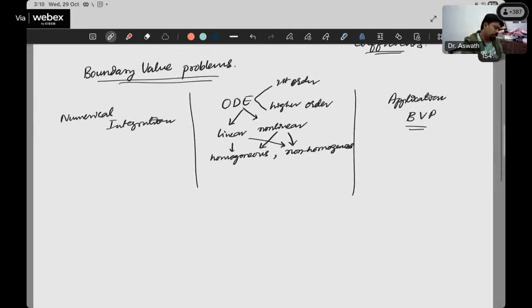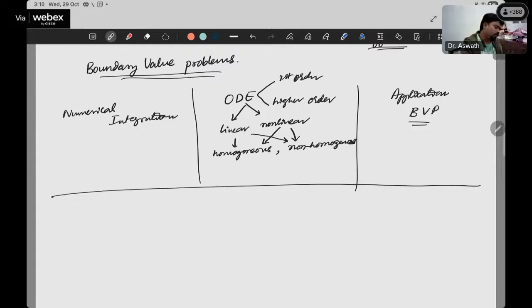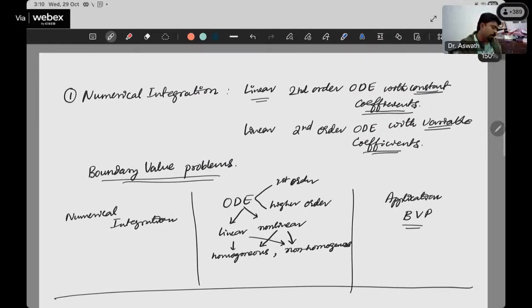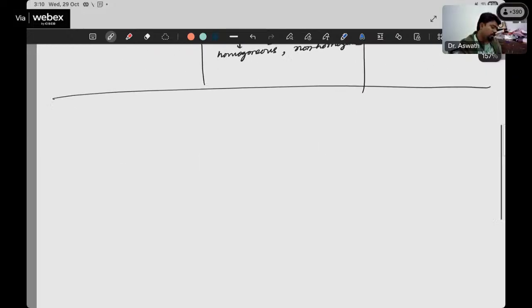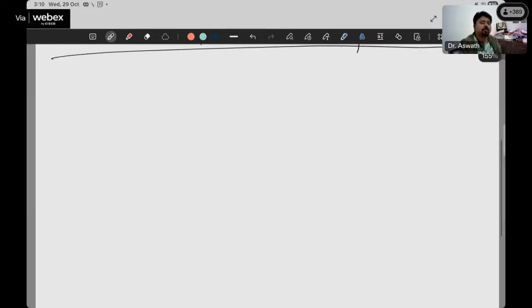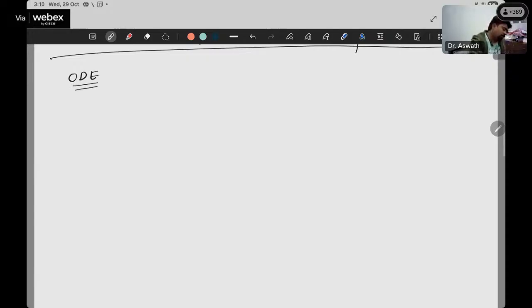Before going into numerical integration, I would feel it is better to discuss some types of differential equations, get to know the details, and then go ahead. Differential equations are the ones that are going to have derivatives, we know that.